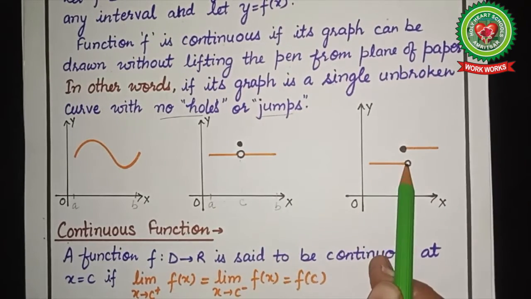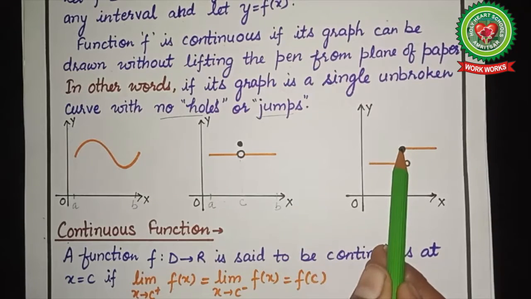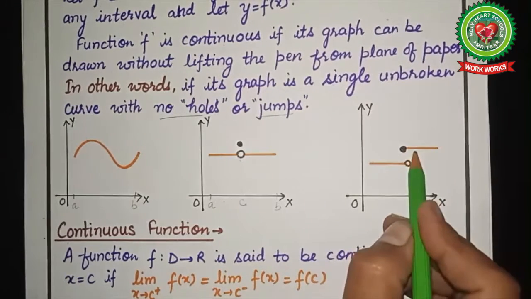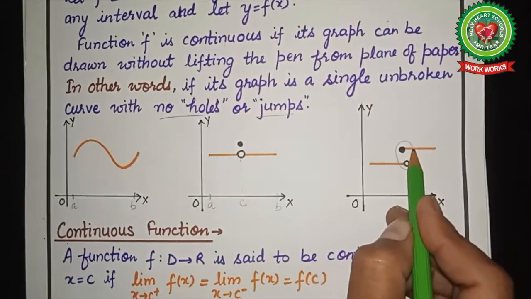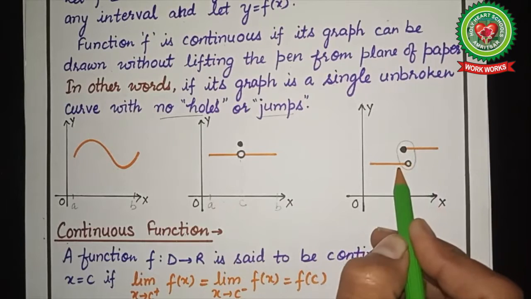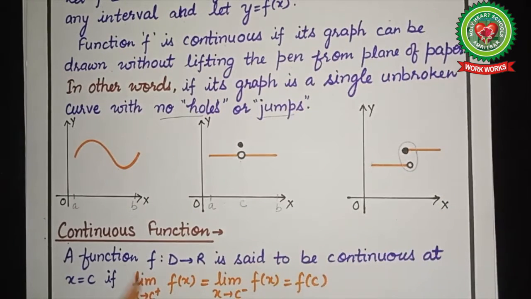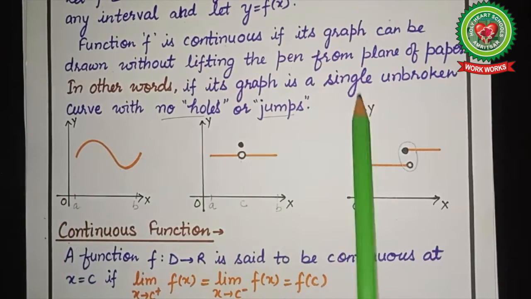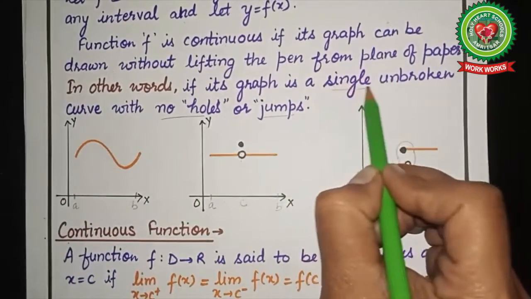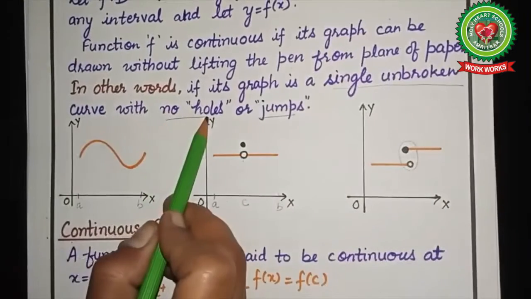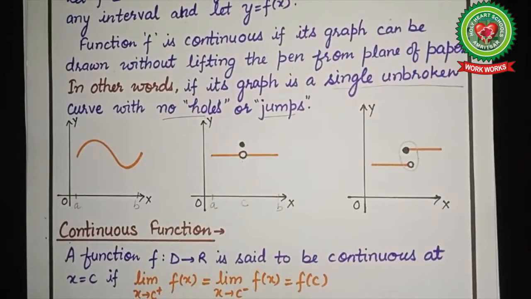First line completed till here and second started from here. So this is the gap between the lines, or you can say between the curve. So it is not continuous. So remember, continuous means single unbroken curve with no holes or jumps.